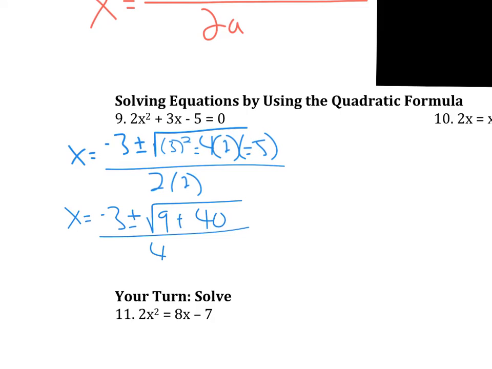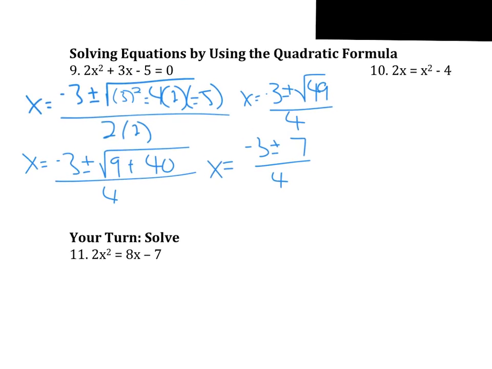Continue to simplify. So we get x equals negative 3 plus or minus the square root of 49 all over 4. We get negative 3 plus or minus 7. Square root of 49 is 7 over 4. Those are now like terms, so we can combine those.